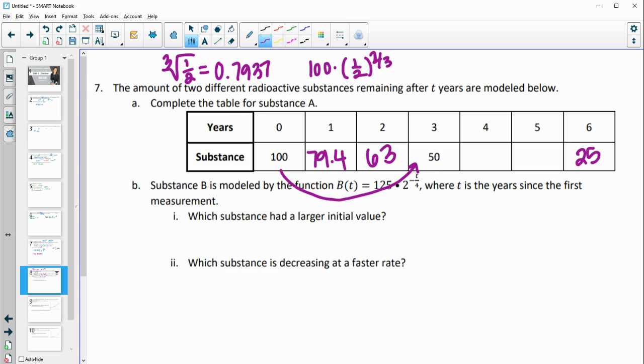So now we could do 50 times 0.7937, which would give us about 39.6, and then multiply by 0.7937 again, since that's the growth rate per year, and get 31.5.